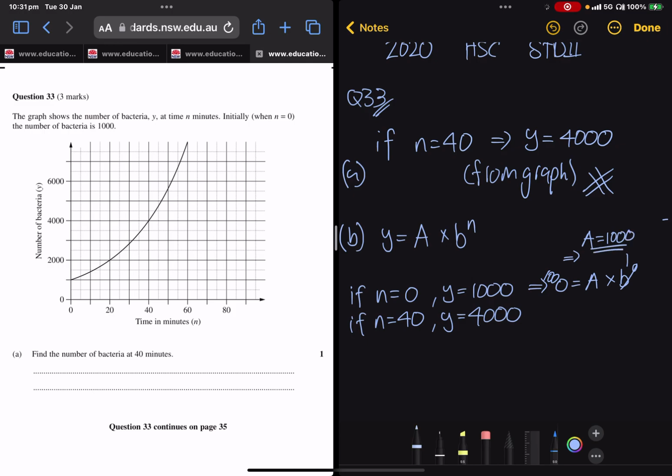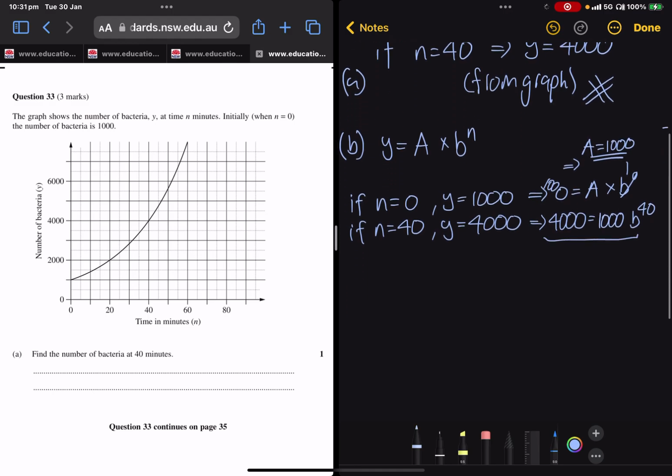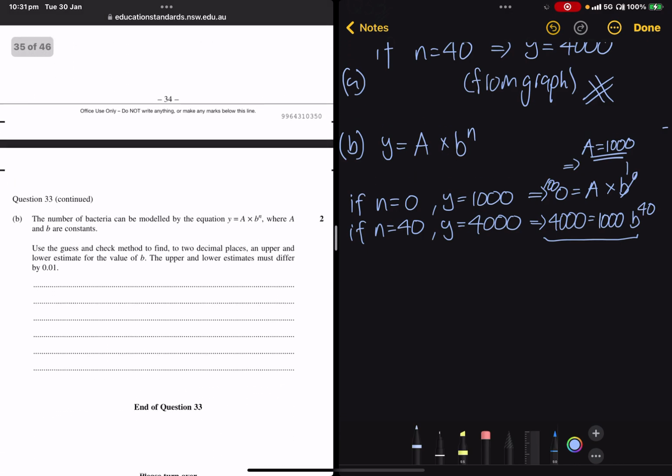We also know if n is 40, y is 4,000. This implies that 4,000 is equal to 1,000 times b to the power of 40. This we can use to find lower and upper bounds of b, which are acceptable as solutions to part b.